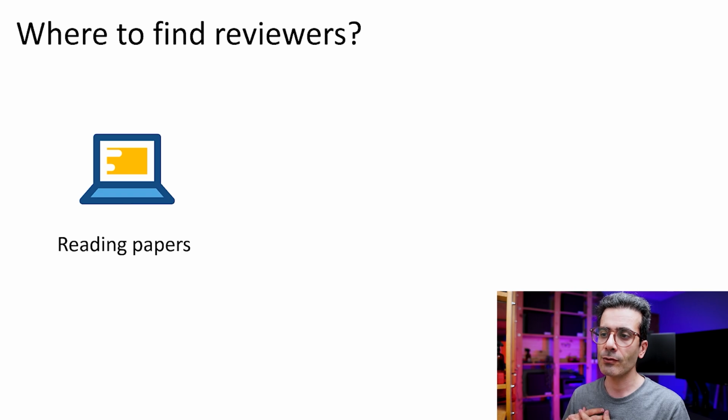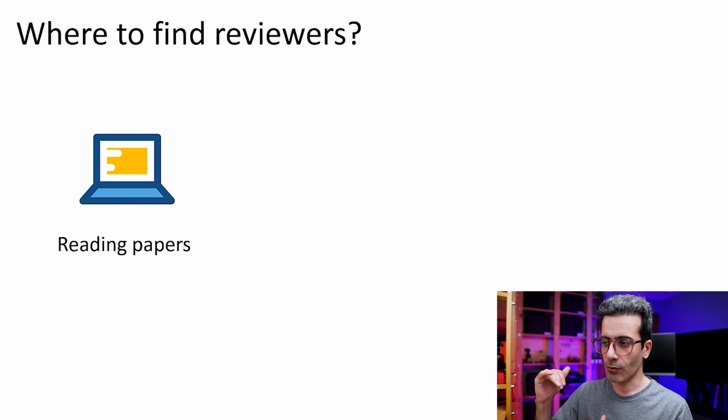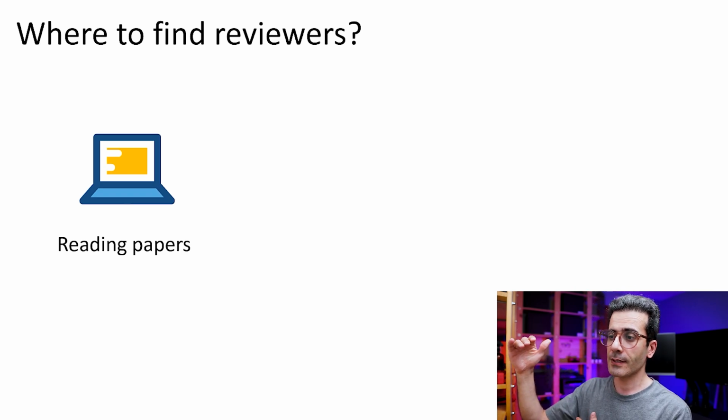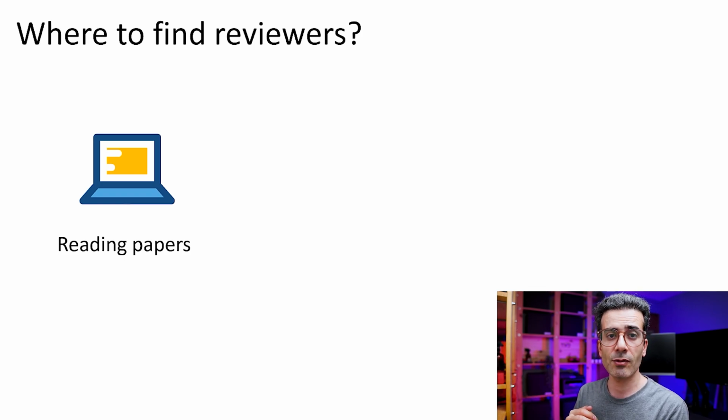And you don't even have to coordinate with them. You read the paper and say, this person has published this paper as the corresponding author, and I'm going to put his or her name as the reviewer for my paper. You have the name, you have the affiliation, and you have the email address. That's all you need to recommend someone.